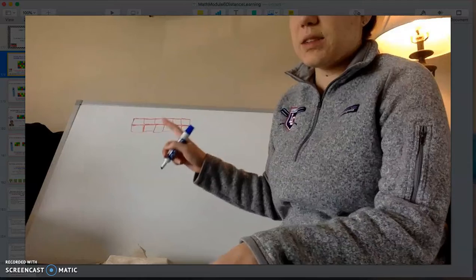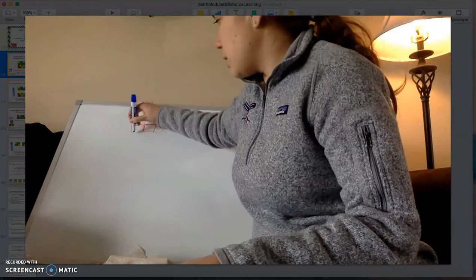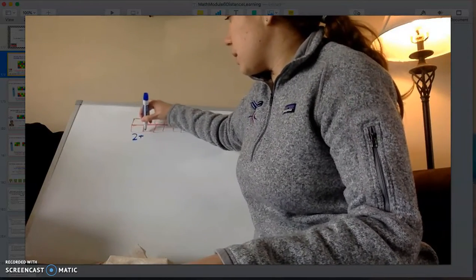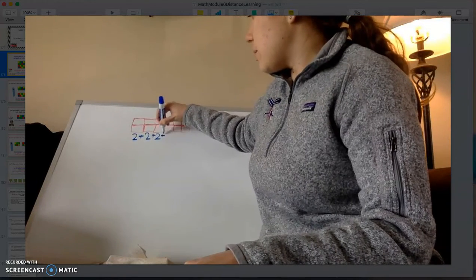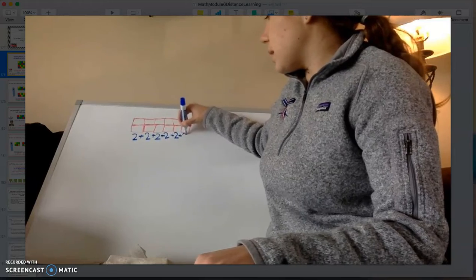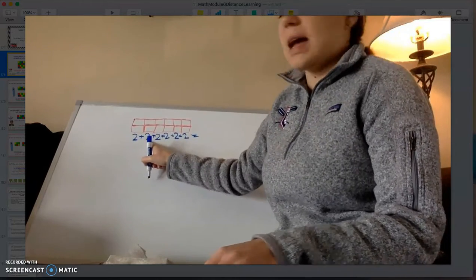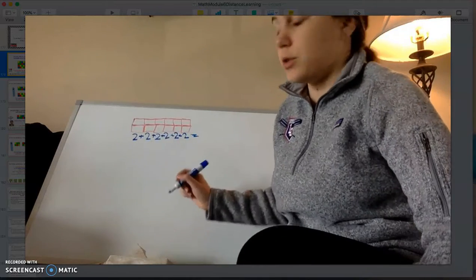Now we have 6 different columns, so that's 6 groups of 2. So we're going to do 2 plus 2 plus 2 plus 2 plus 2 plus 2. We need to add 6 2's because there's 6 different groups of 2.